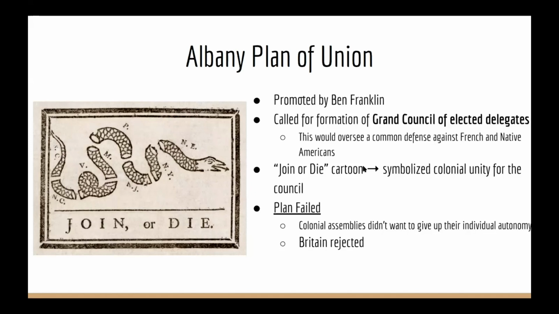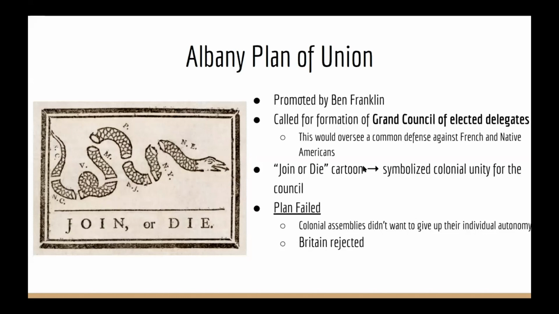There was no fence or gate. It was really unmarked. This piece was where the English colonies were, and this was where French settlement was, and some in between was Native American land. So Ben Franklin wanted these elected delegates to oversee defense against both the French and the Native Americans.